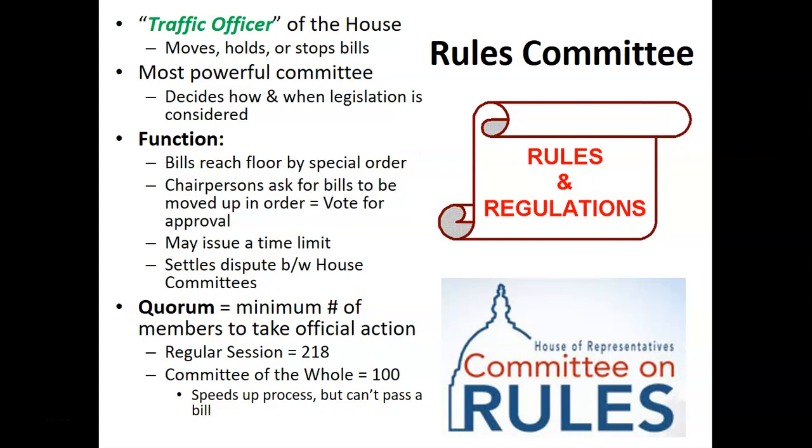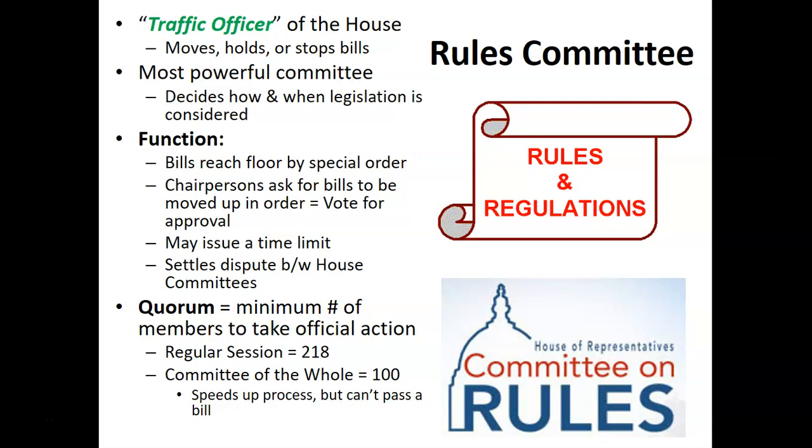Now, if there comes a time where something needs to be done and you don't have everybody in session, whether because of some emergency or they're just not there, or a different specific time of year, you need to have a quorum in the House of Representatives. That is a minimum number of members to take an official action to move things on. And this is set up by the Rules Committee.